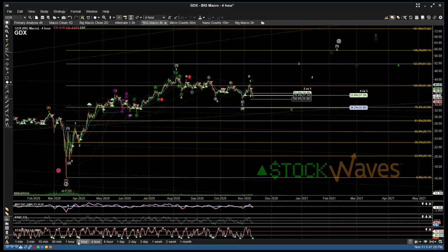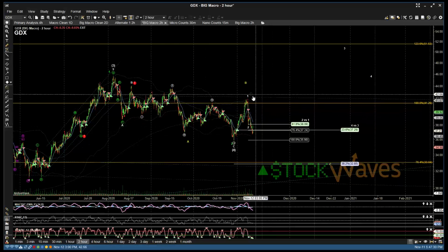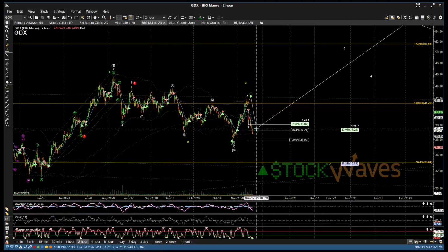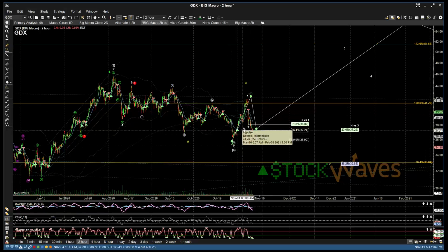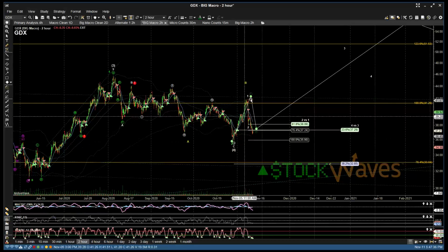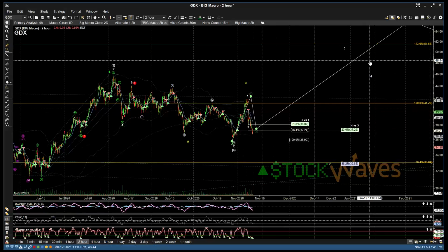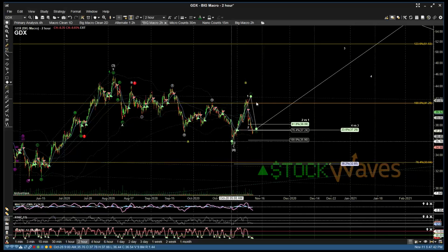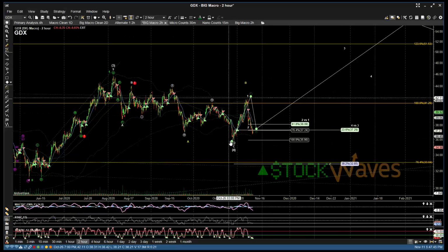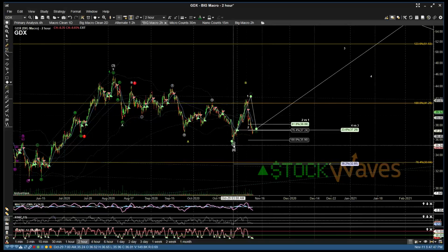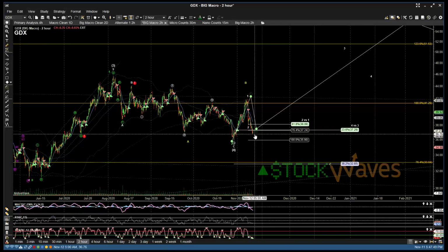The alt that I have here, so I don't really consider the green an alt because the green is the same 1, 2, just at 1 degree smaller and implies a little bit more bullish later on down the road, but is still setting up for the same kind of move off of the October low, provided that can hold support.